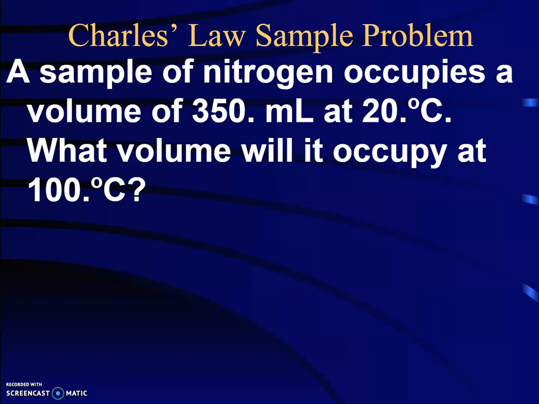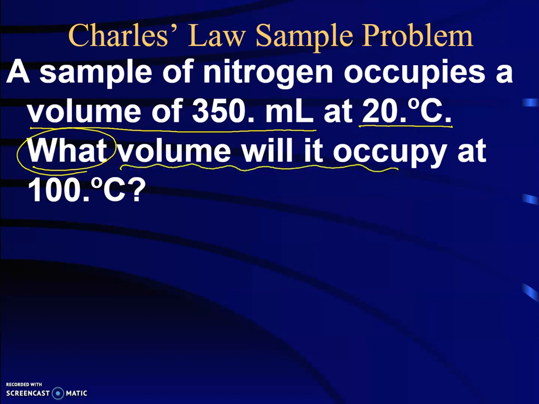All right, a Charles' Law sample problem is going to be a sample of nitrogen. It occupies a volume of 350 milliliters at 20 degrees Celsius. What, question word, new volume will it occupy at 100 degrees Celsius?